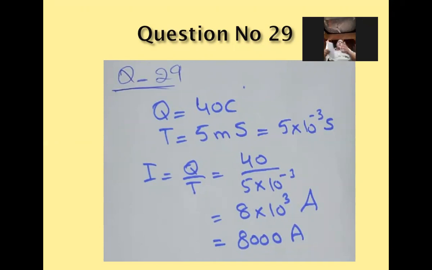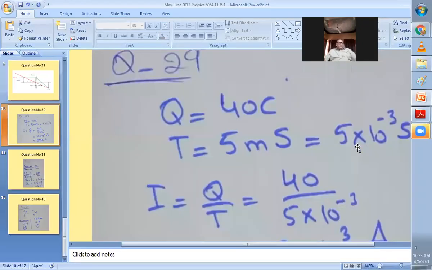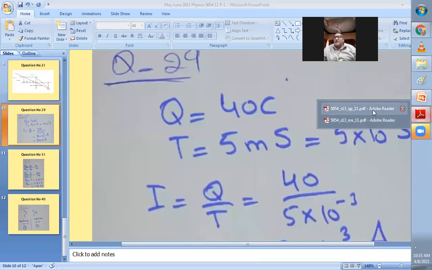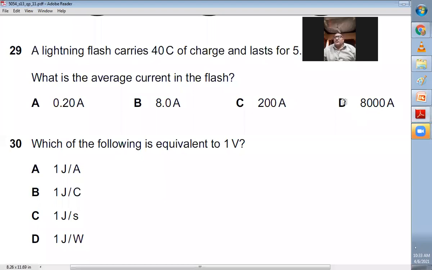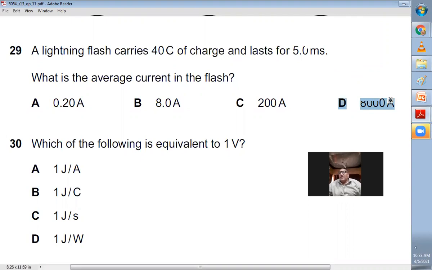The only problem in this question was that the time is given in milliseconds. If you convert it into seconds, there is no problem. So 8,000 ampere, and D is the right choice.